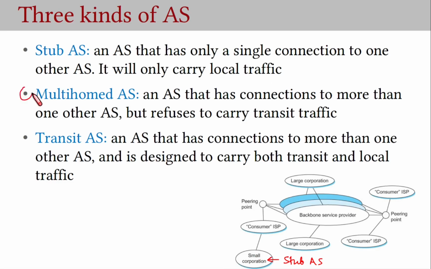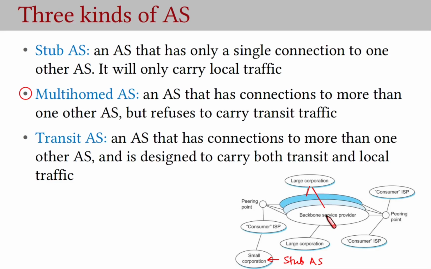And then there is the multi-homed autonomous system. These are autonomous systems that have connections to more than one autonomous system, like this large corporation over here. It has a connection to this backbone network shown in blue, and then there is another one here in front in white.